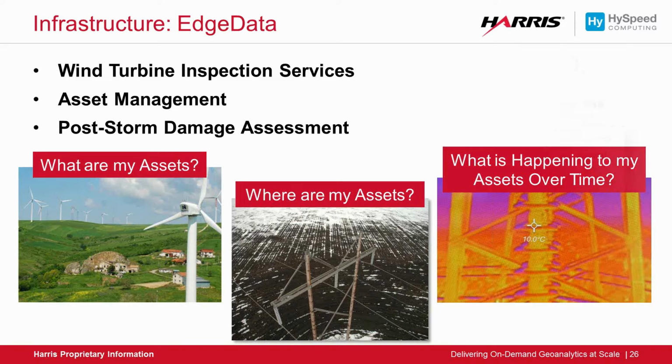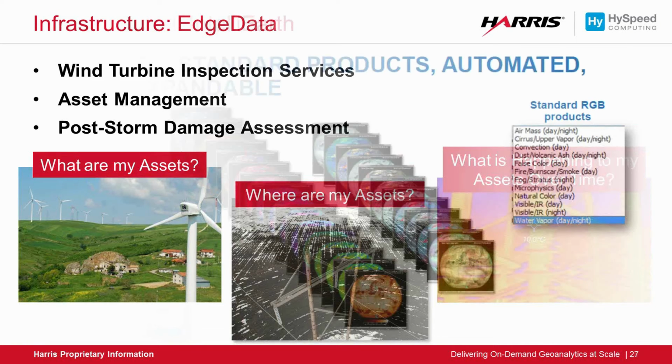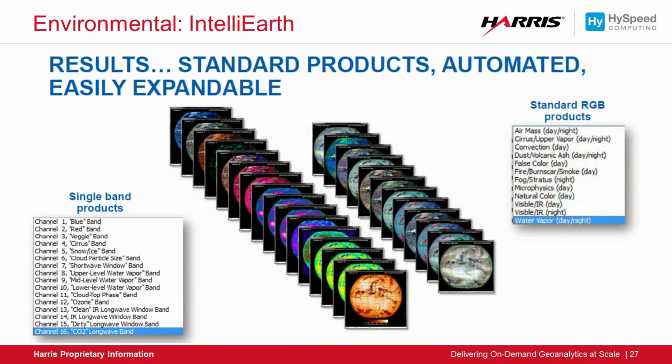The last example, probably one of the most exciting, because it actually doesn't use as much of ENVI, but it uses IDL, which is our original language. And this is IntelliEarth, which is, full disclosure, part of Harris. It's a sister company of ours in the environmental area. But we put up a satellite payload called Himawari over the Eastern Hemisphere that looks at the environment, weather data basically coming in the Eastern Hemisphere.